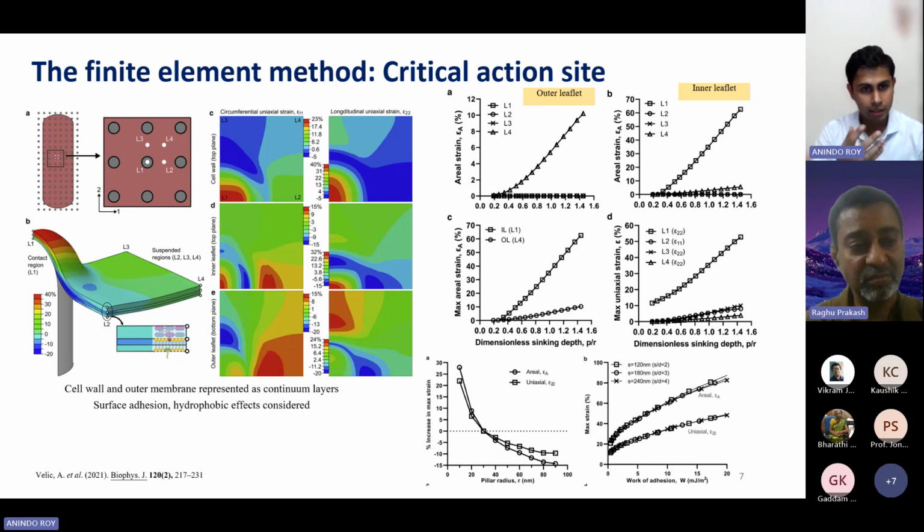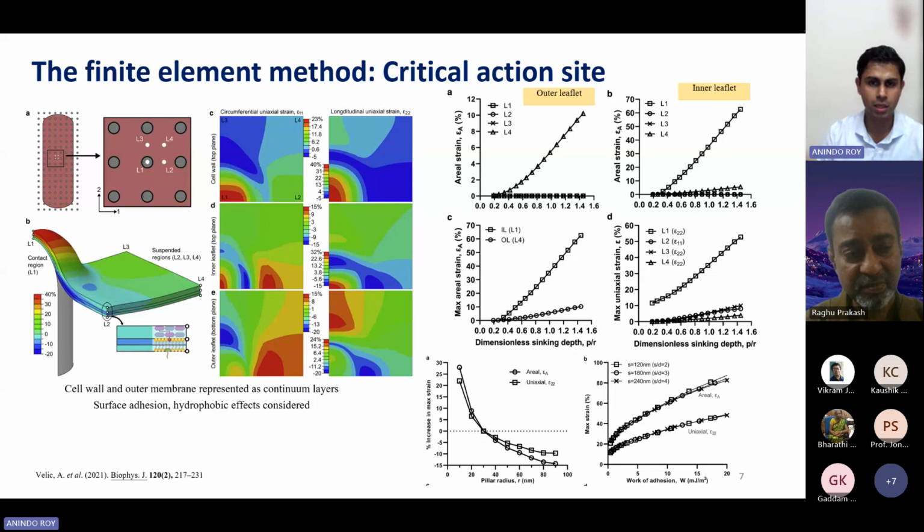For the bacterial cell wall, the assumption is that the material is neo-Hookean viscoelastic. And the properties are generally not isotropic. So an orthotropic assumption is the most common, but people have also assumed them to be isotropic. To answer your question, where do we get the exact parameter values from?